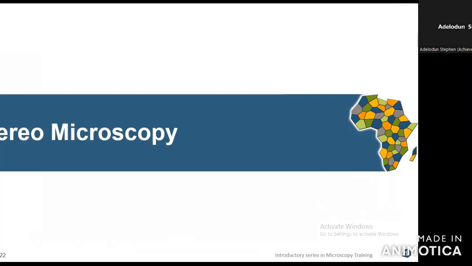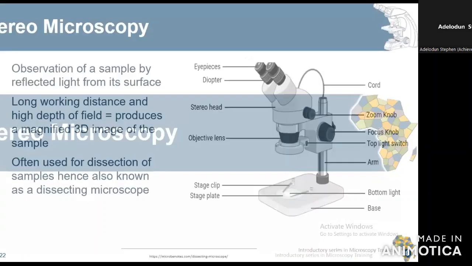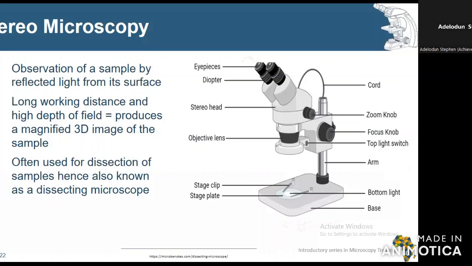So the last type of microscopy that we are going to talk about is the stereomicroscopy, which I also believe was mentioned yesterday. Now, all the other techniques we have talked about use either thin or transparent, very thin and transparent objects or matter.